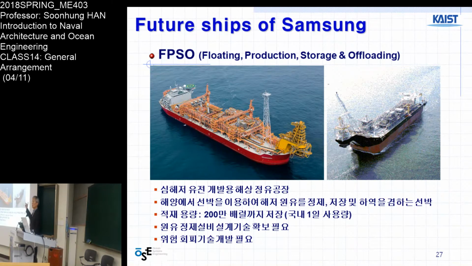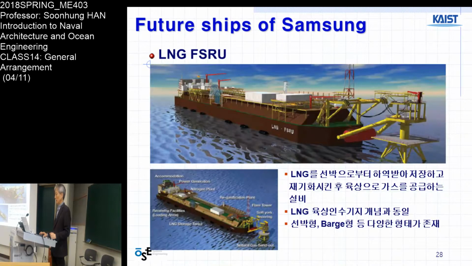Similar to the scientific vessel, that is a very expensive ship. Very small one, very expensive. So you need to have a very clever idea to pack spaces into a good arrangement. Similar to FPSO, a floating production, storage, and offloading unit for oil and gas. This is LNG FSRU.